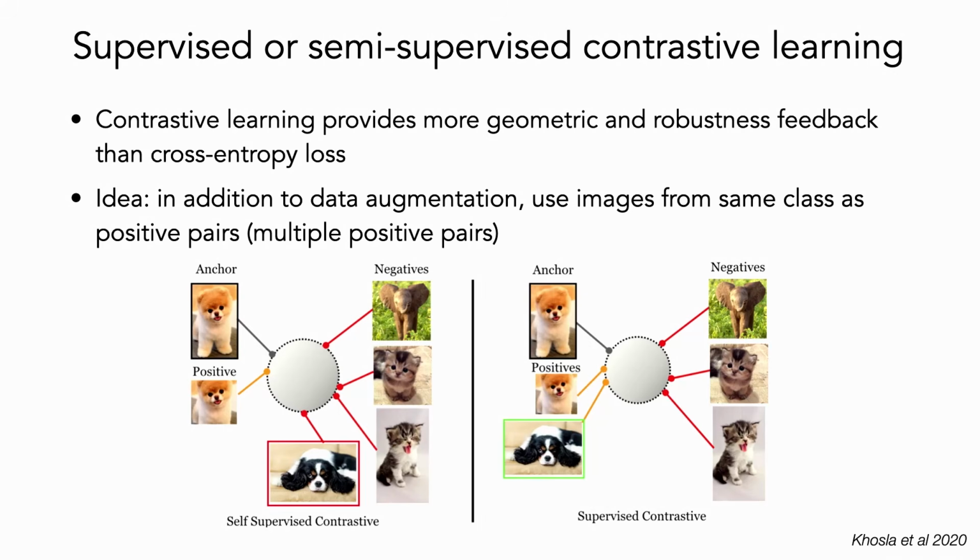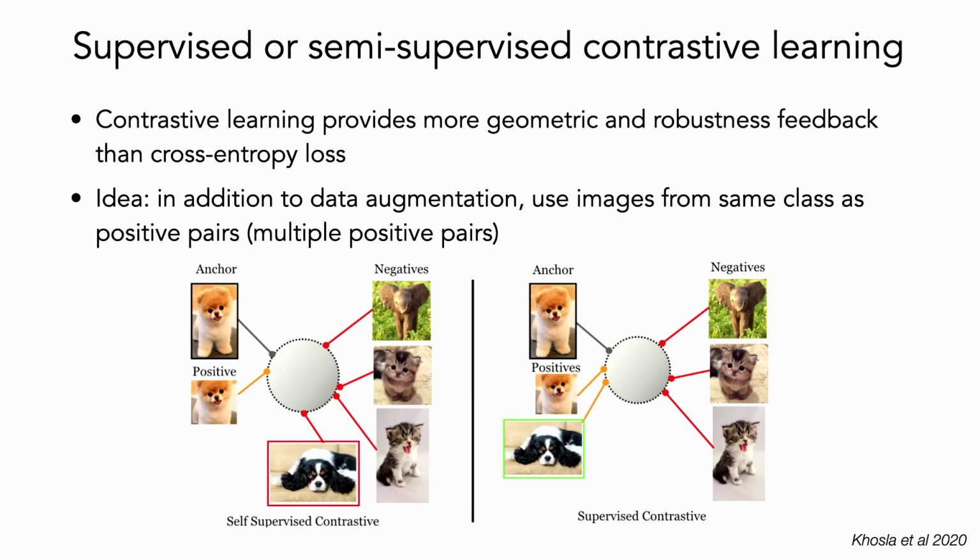And so there are a lot of people who've looked at how we can leverage some supervision, maybe not requiring all the points to be labeled, but if you have labels for some of them, how we can look at supervised or even semi-supervised contrastive learning. Here, the idea is that having the contrastive learning signal, that triplet signal, you get some more geometric and robustness feedback than if you just do cross-entropy loss.